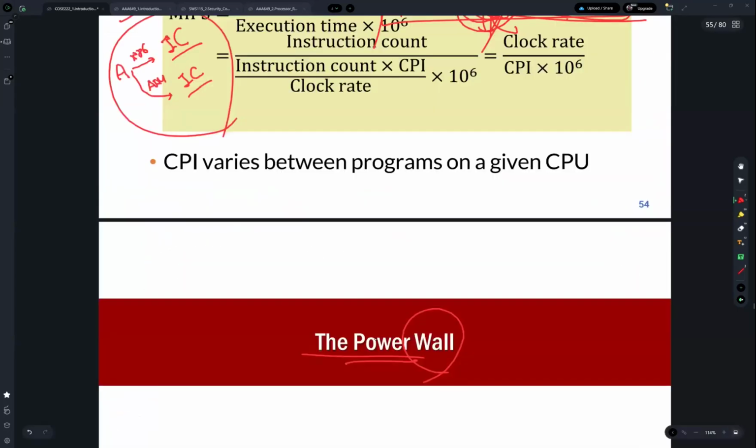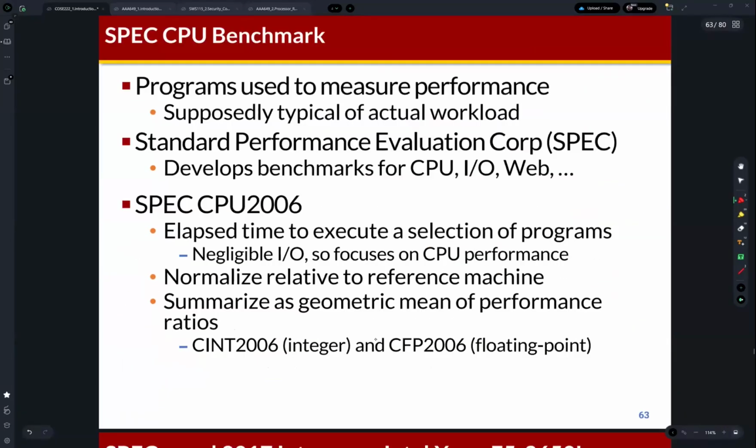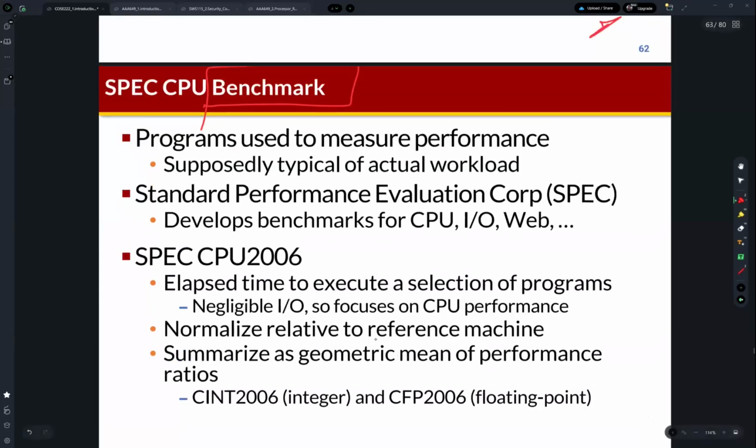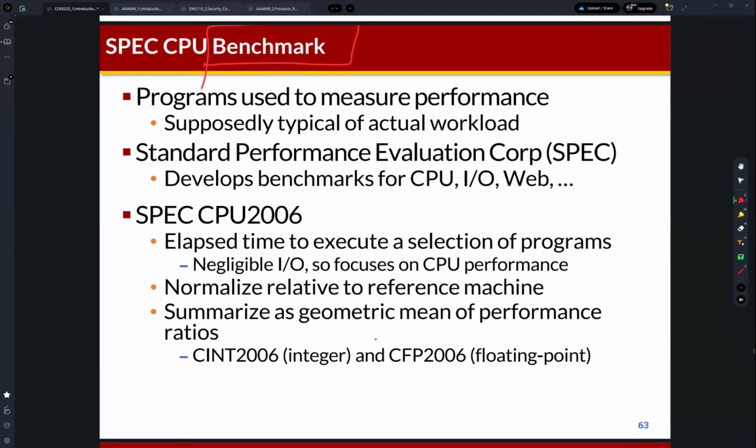So we can use benchmark. So actually, there are a bunch of applications, right? But we cannot use all these applications for measuring the performance of our system, right?